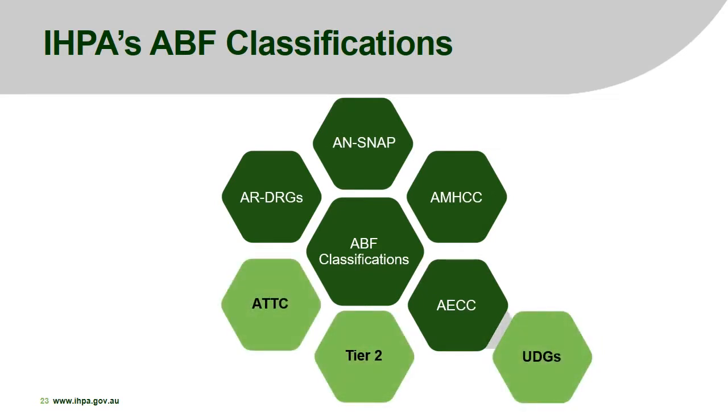Besides AR-DRGs used in admitted acute care, IHPA is responsible for developing the Australian National Subacute and Non-Acute Patient Classification, or ANSNAP, the AMHCC, which is the Australian Mental Health Care Classification, the AECC, which is the Australian Emergency Care Classification, and UDGs, or Urgency Disposition Groups, which is used for emergency services, Tier 2, a non-patient-based non-admitted care classification, and lastly, the ATTC, the Australian Teaching and Training Classification.